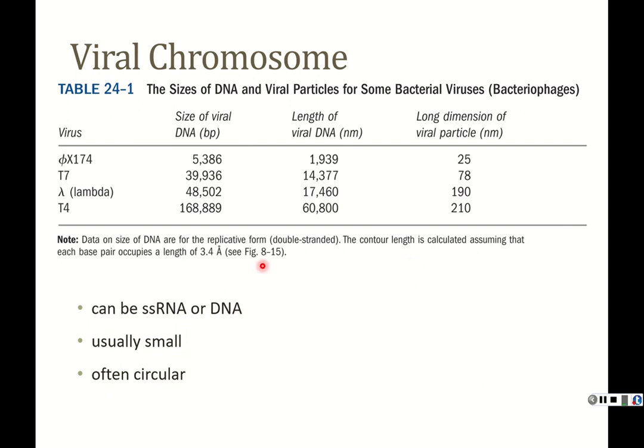Okay. Viral DNA is usually very small compared to other bacterial DNA or obviously human DNA. It can be single-stranded RNA or it can be DNA. It's often circular. That's a theme we'll see in viruses and in bacteria.